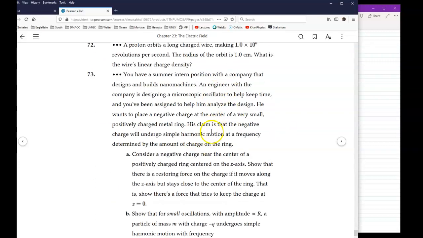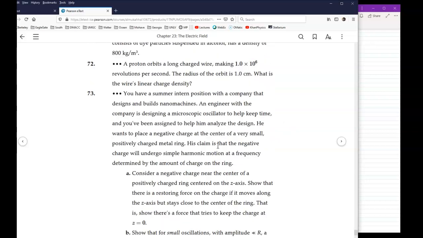There it is right here. Let me read it for you first. It's a challenge problem, as you can see. You know what? I wanted to do 72 as well. So let me do 72 first, and then I'm going to do 73. So let's do it. They're both kind of challenge problems.